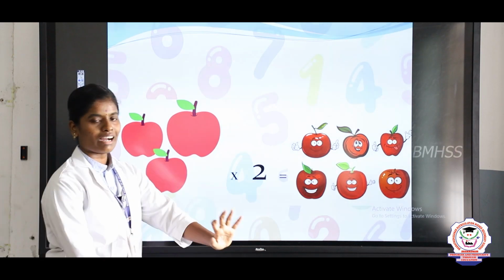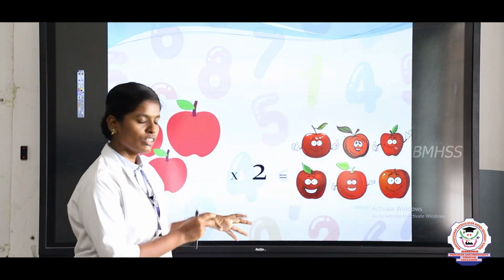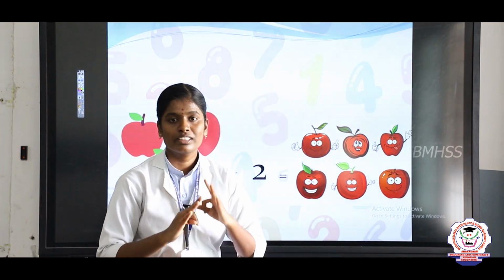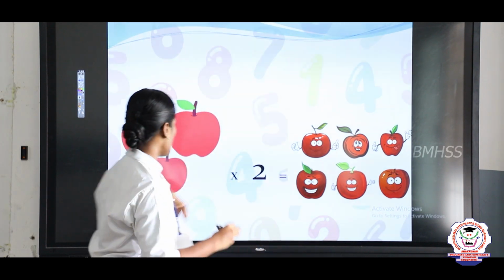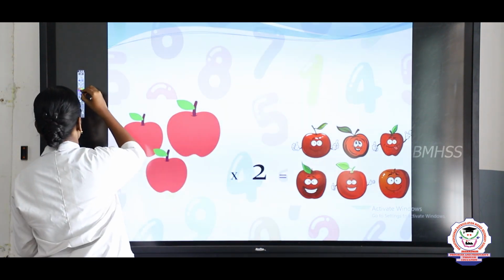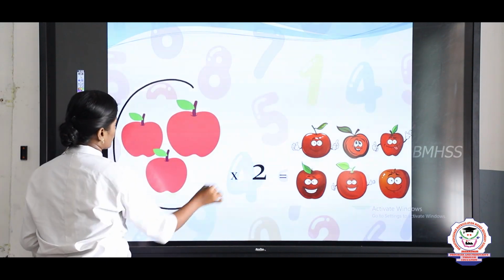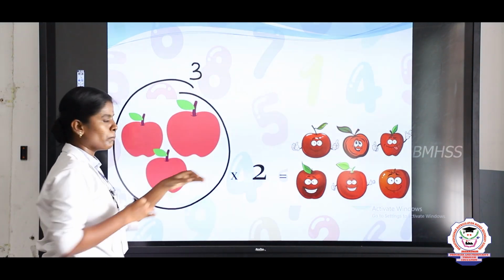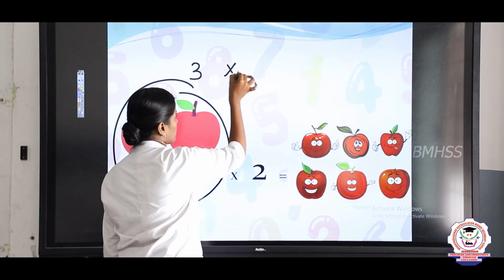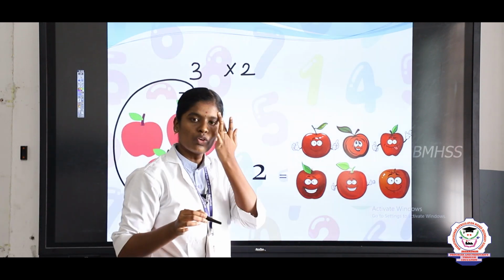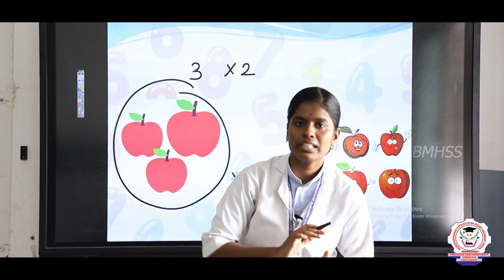Listen, we have one example. In the first group we have 3 apples. So, it is 3 apples multiplied by 2. Already you know multiplication means repeated addition.